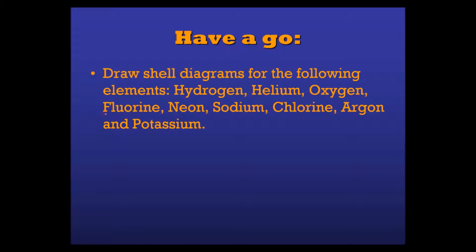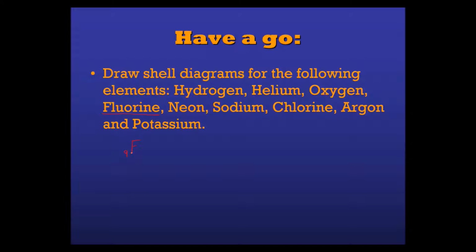So I'm going to choose fluorine from this list. Now you'll need to look on the periodic table to find out the atomic number of the substance, and fluorine has an atomic number of 9. Now the mass number is not important, because the only number that tells us about the number of electrons is the atomic number. Now I may not have explained this previously, but the atomic number is telling you that there are 9 protons, which have a positive charge.